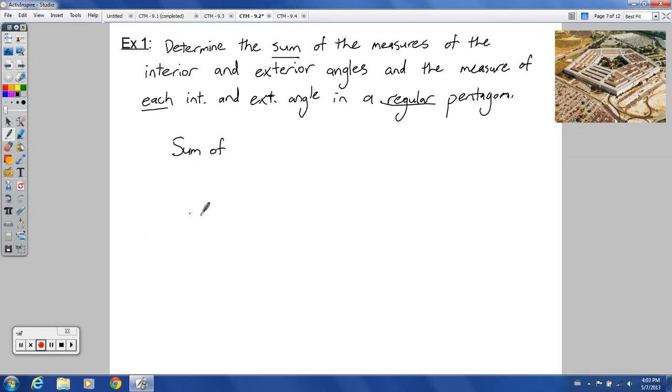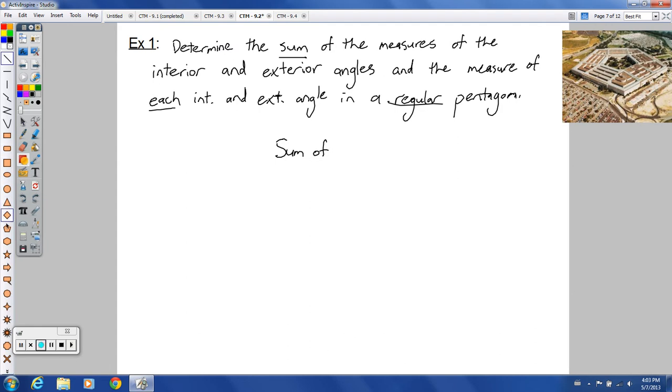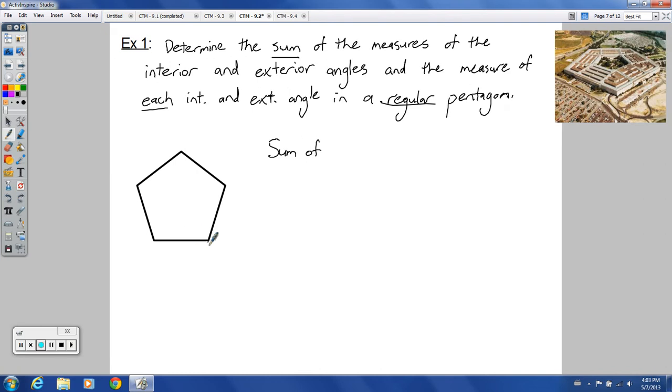Let's draw a picture to go along with this as well. Actually, I will move this over here then and draw your best regular pentagon. I'm going to cheat, so I have a really nice looking one here. I'm going to use this little tool, but you draw this as best you can freehand. I'm trying to make my sides the same as best I can. And we are going to be talking about some exterior angles here too.